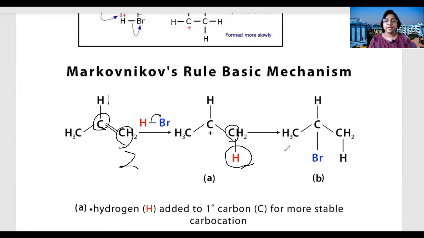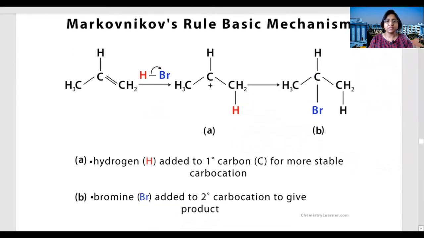Next, bromine, as it is negatively charged, will be attached with the positively charged carbon, the carbocation, or you can say the carbon with the lesser number of hydrogen.